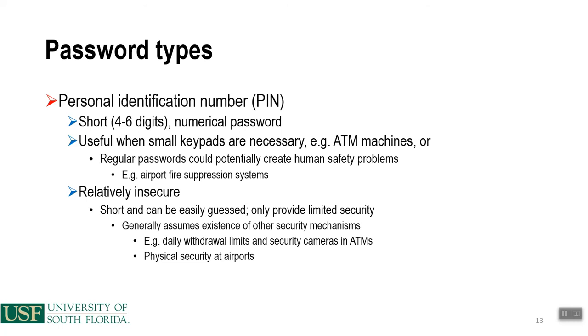Now the drawback with PINs is that they're relatively insecure. They're short and they can be easily guessed, and they only provide some sort of limited security. And what PINs also assume is that there's some other form of security measures that are available. So in this case, for example, at an ATM, there's daily withdrawal limits and security cameras at the ATMs.